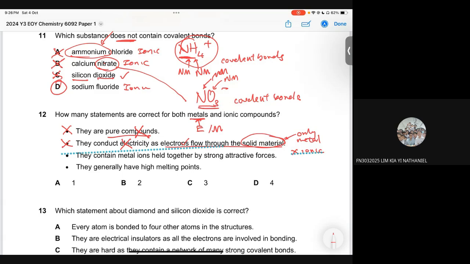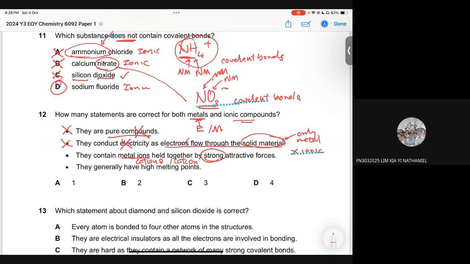They contain metal ions held by strong attractive forces. So do they contain metal ions? Metal, there are cations. Ionic compounds also contain cations. So both have metal ions. And both are held by strong electrostatic force of attraction. It's just that one is between anion and cation.